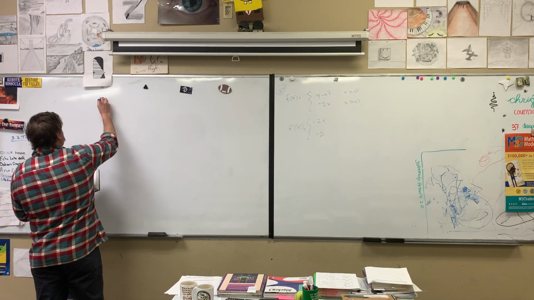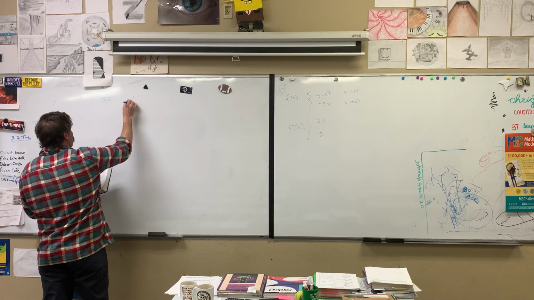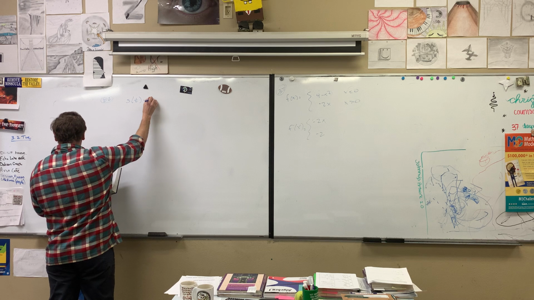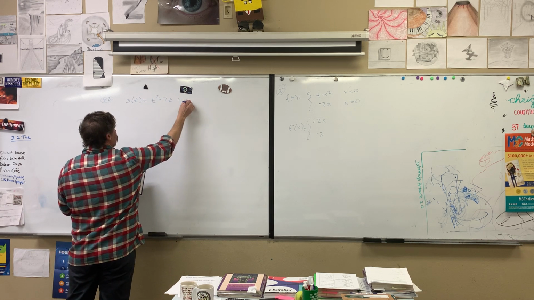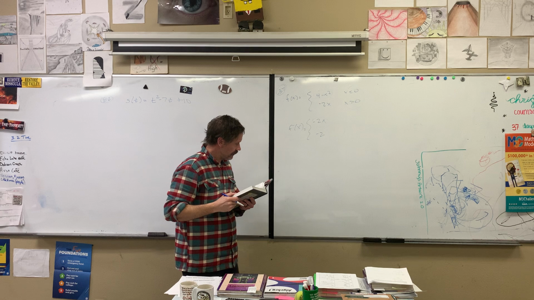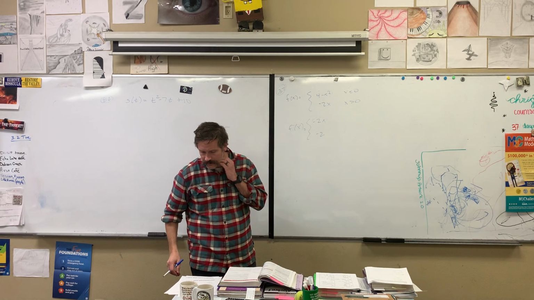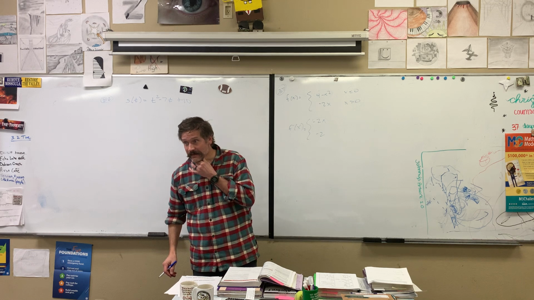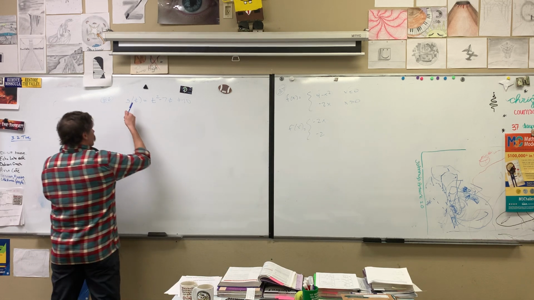So on 82 here, s of t is equal to t squared minus 7t plus 10. Okay, so that's our position function. And then it says find the velocity. How do I find the velocity? It's the derivative. Yep, that's the slope, the derivative of the position function.